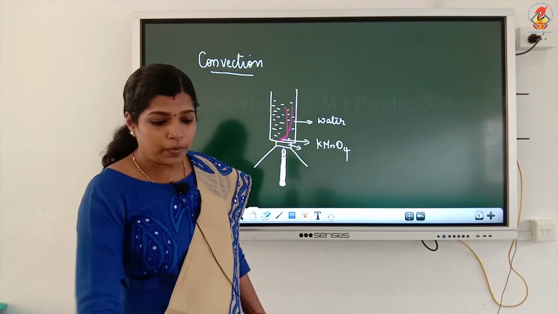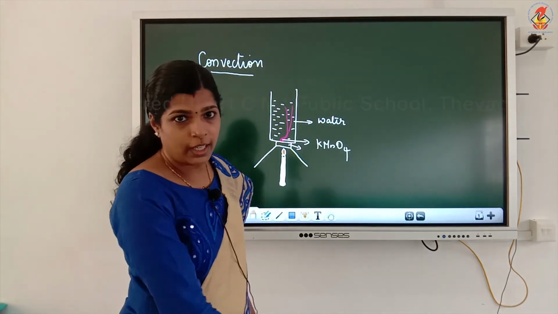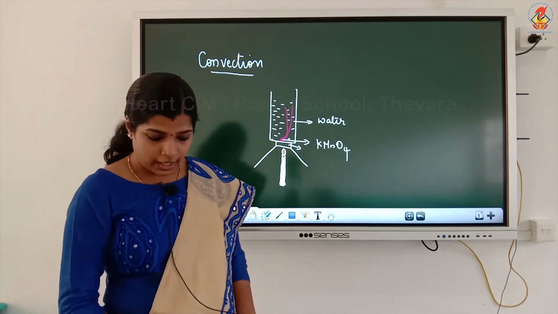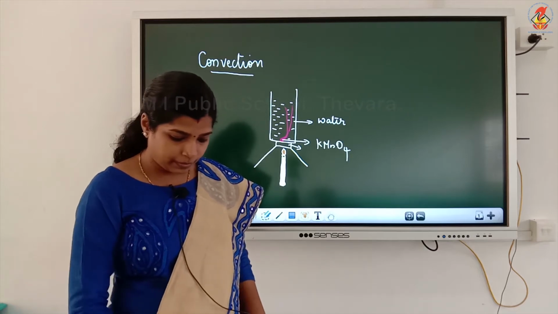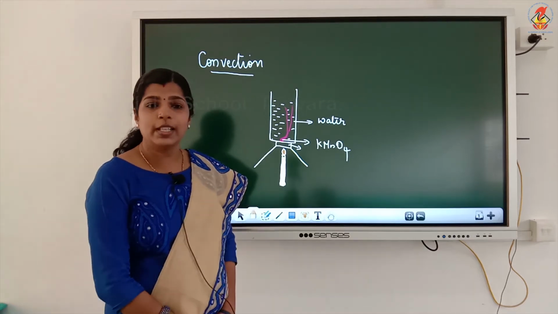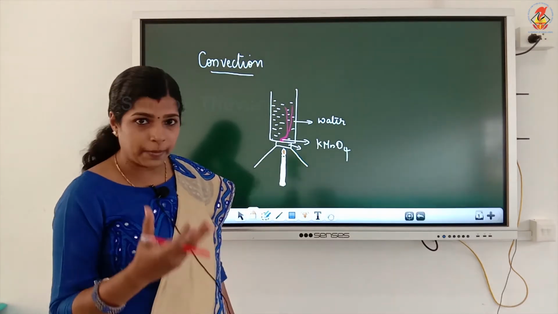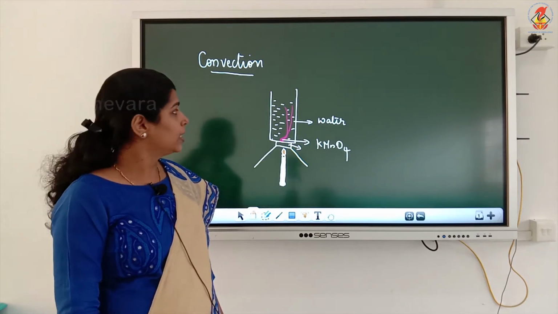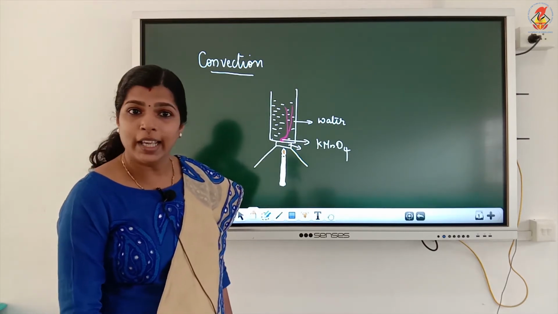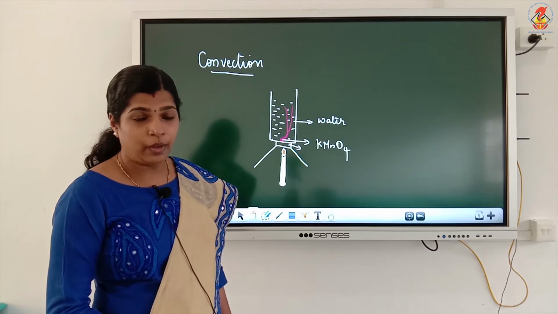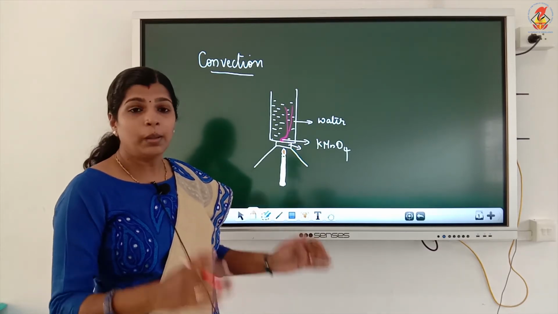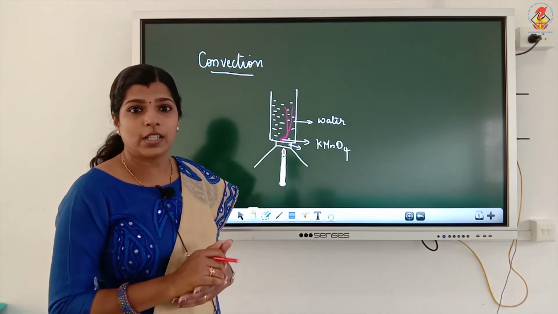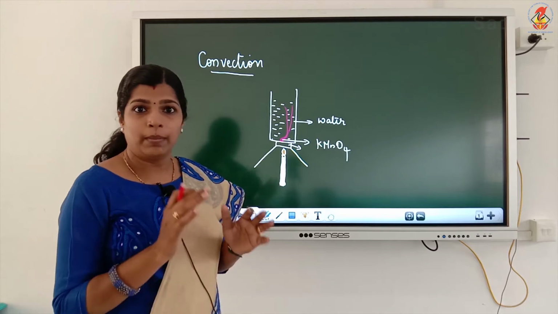If a substance is heated, it expands, meaning its volume will increase, but the mass of that substance is not changing.